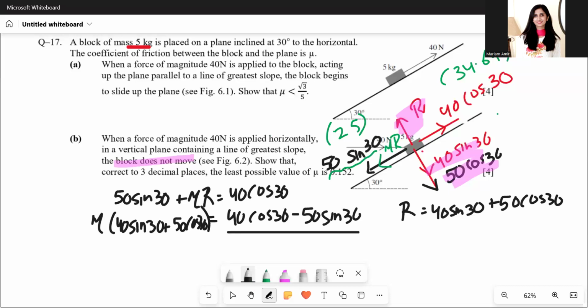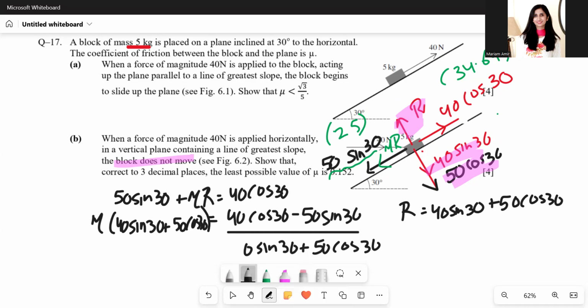Okay. Now you divide by this here, 40 sine 30 plus 50 cos 30. So this gives 0.152, which is the correct answer.